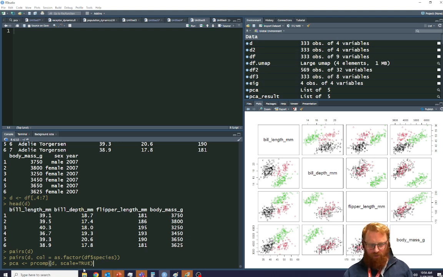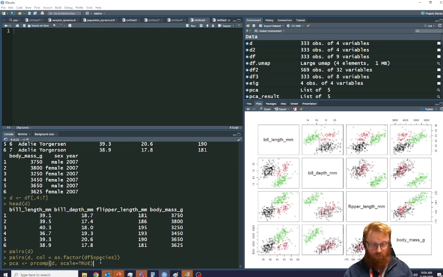So when we scale the data, it divides each axis by the standard deviation. It also subtracts off the mean, so the data is z-scored. We subtract off the mean, we divide by the standard deviation, and it makes everything in units of standard deviation. This is a very common thing that happens in data analysis.